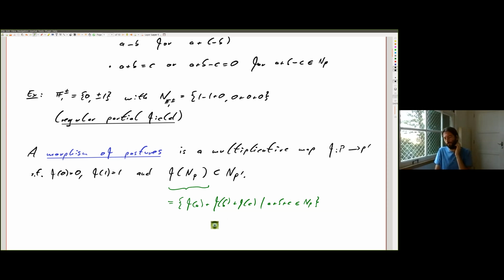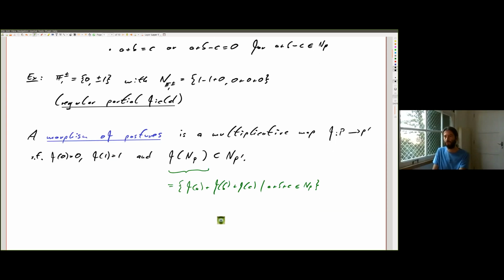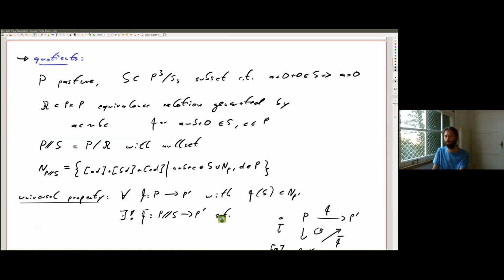Okay, so that's it as far as the definitions of pastures. I want to explain to you now a few constructions on pastures that we need. The first construction is the construction of quotients. So whenever we have a pasture P and we have a subset S of triples in P modulo permutation of coefficients such that this subset doesn't contain any relation of the form A plus 0 plus 0, where A is a non-zero element.